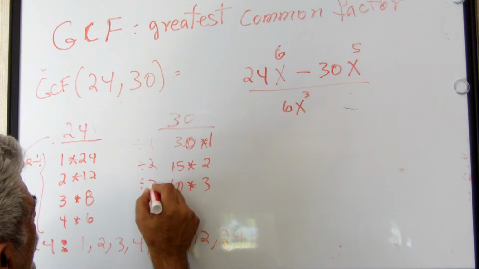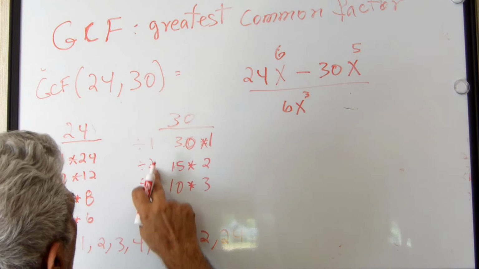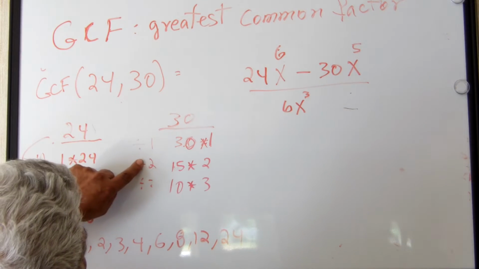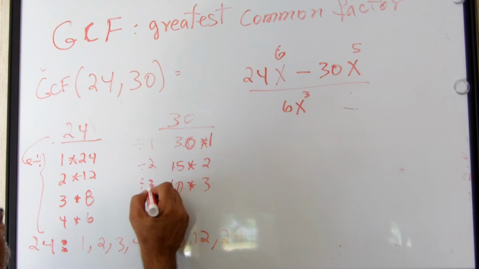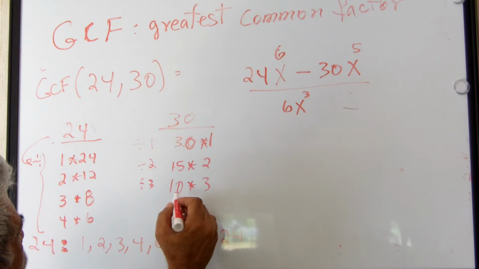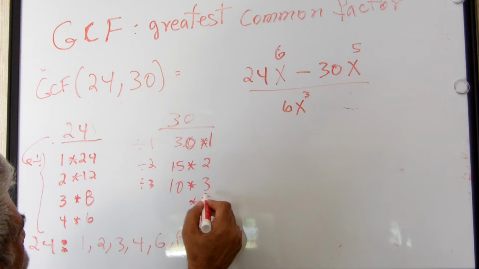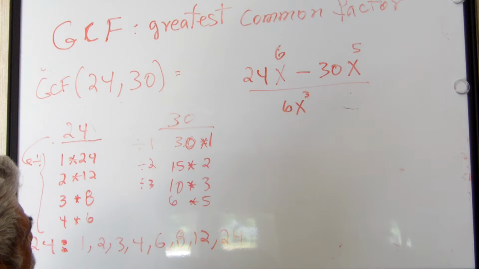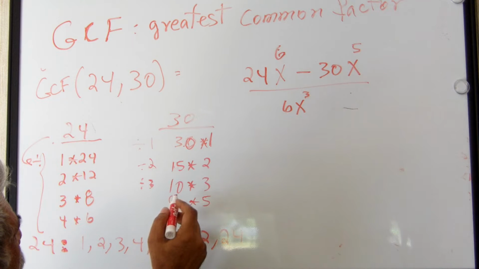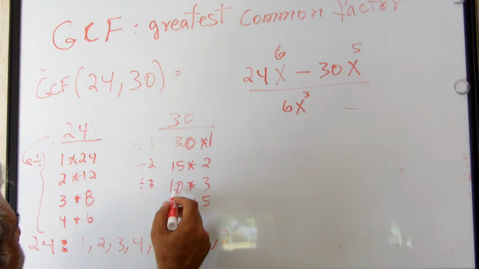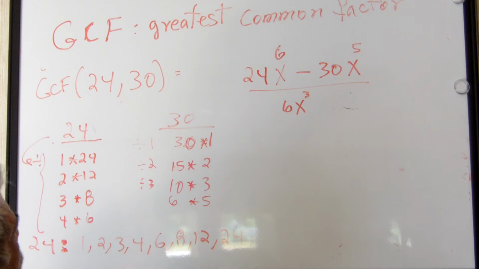We can't divide by 4 because it's not divisible by 4. We can do it by 5: 5 times 6 is 30. We can do 10, but it's already there, and 15 is already there.